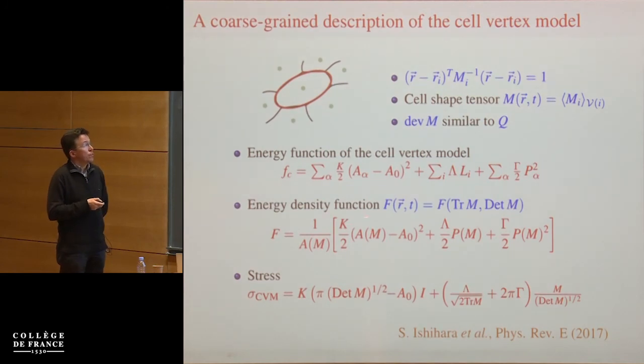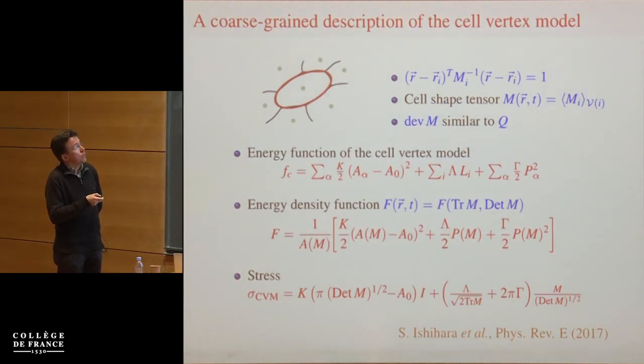How do we do this? In fact, the area of the cell and the perimeter of the cell can be computed exactly using the M tensor.